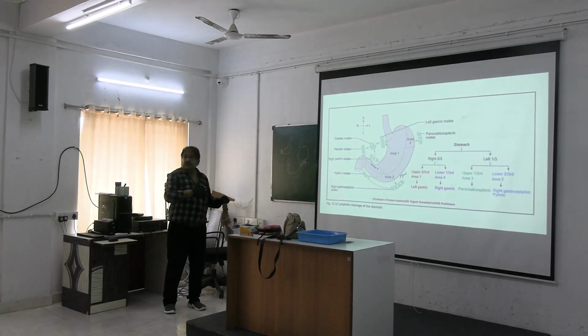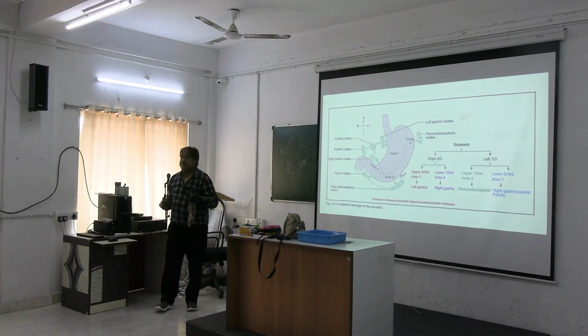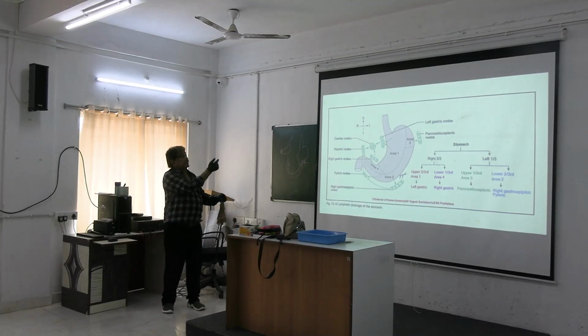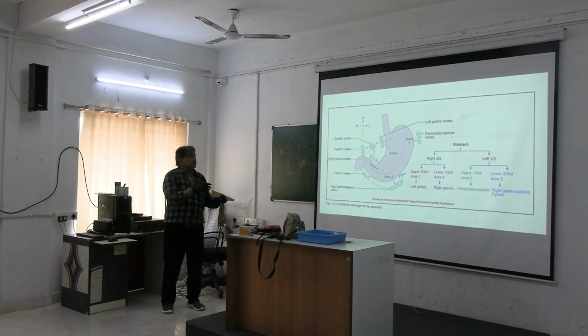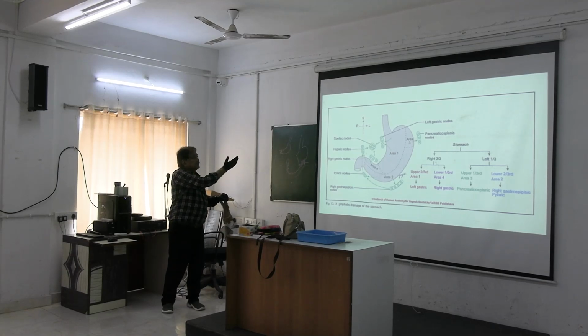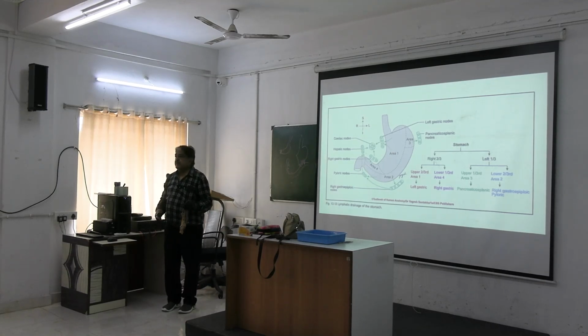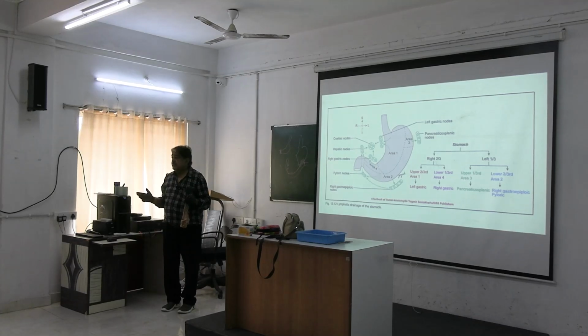See the stomach, I told you the location and the stomach bed, but what are the nodes? In normal condition, the nodes are there. When you see the celiac vessels, then you will get their branches, and the nodes are there.